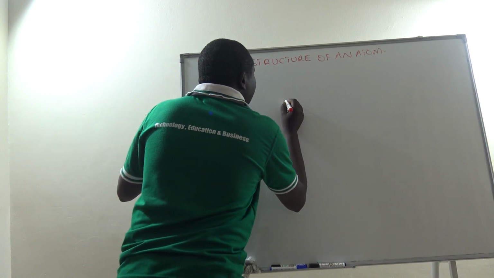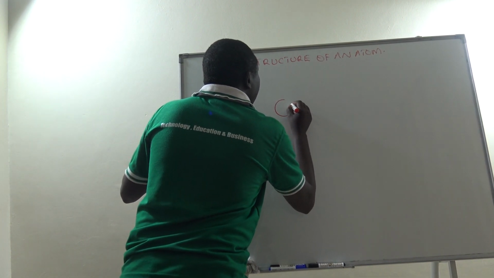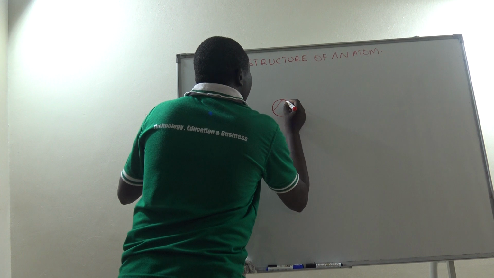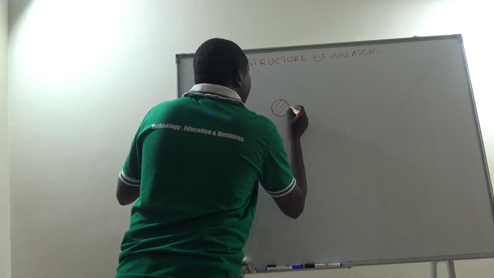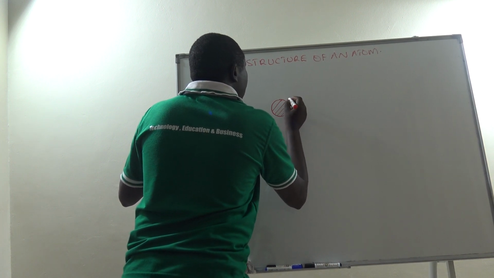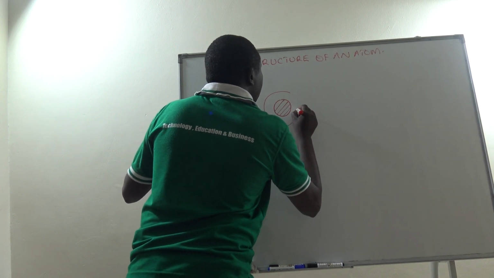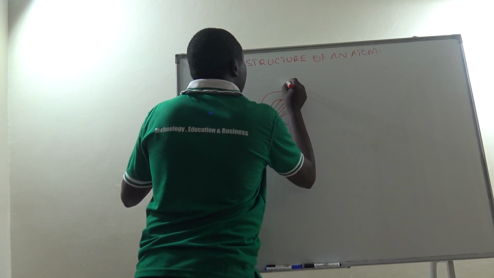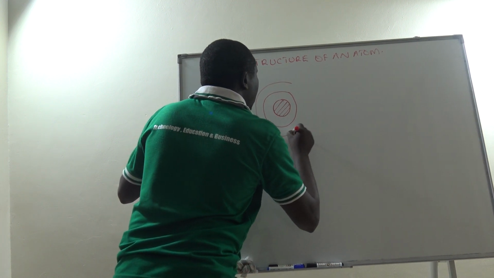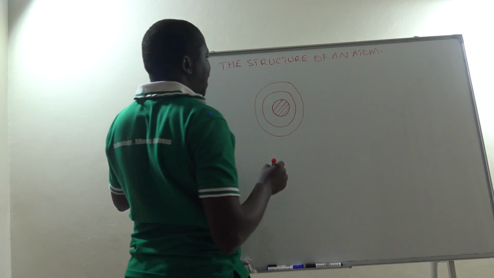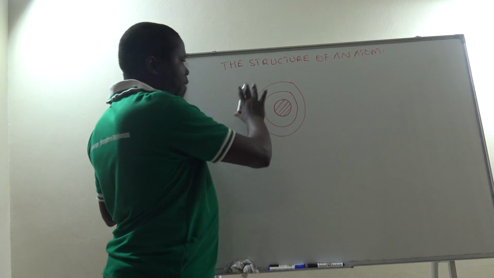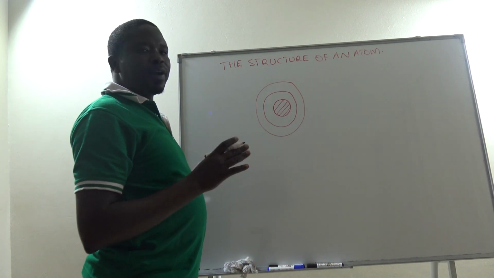An atom looks like this. Try to see what I'm shading here. Let us stop at this. This one will help us to understand what we call an atom.